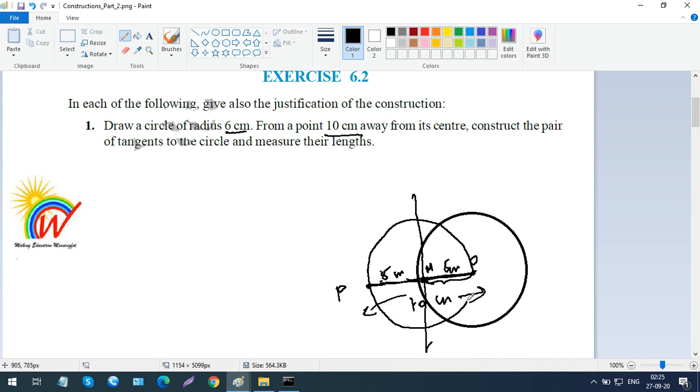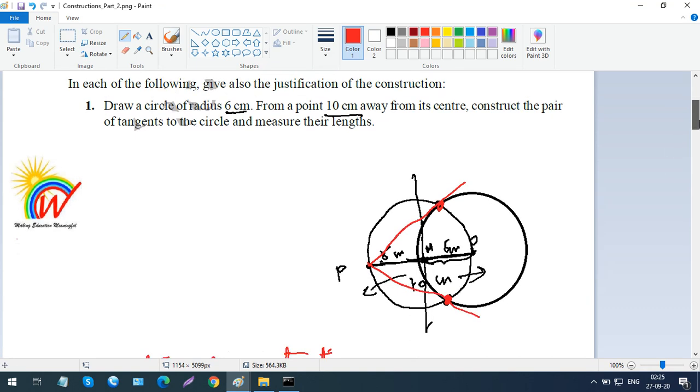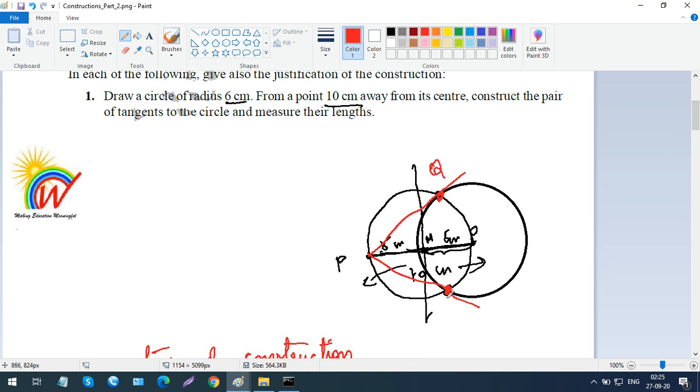Now this circle is going to intersect the earlier given circle at these 2 points. Now join P to these points. Let's say this is our Q and R. This is what, PQ and PR are my tangents. Understood? That's how I will draw it.